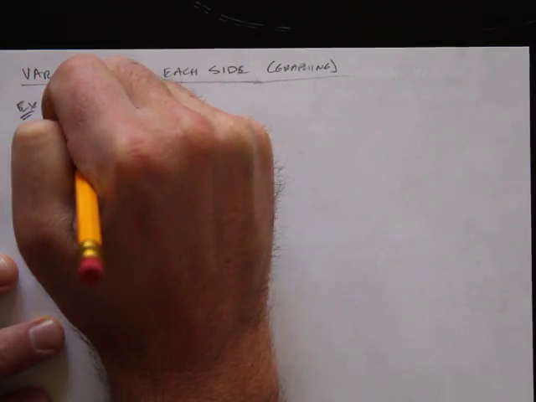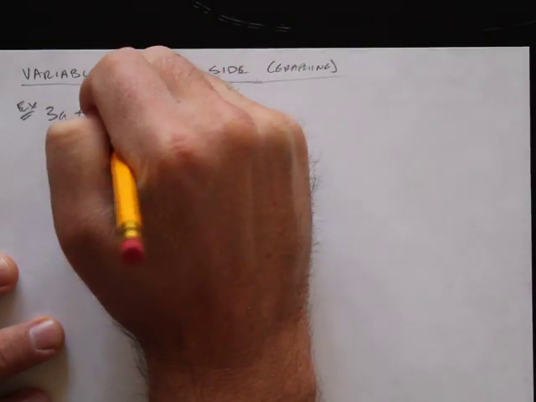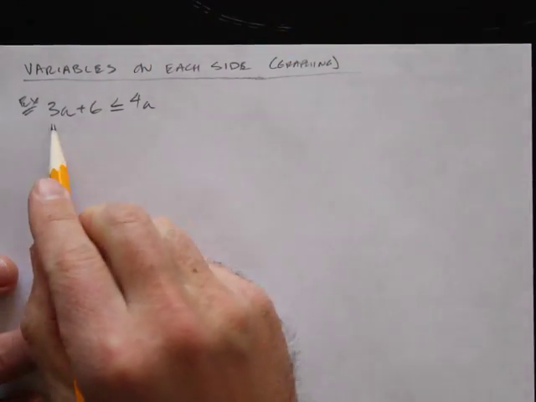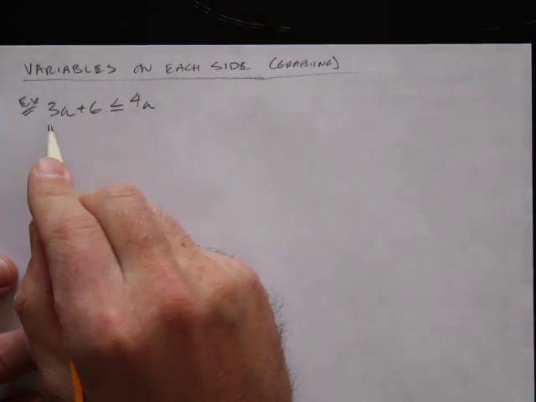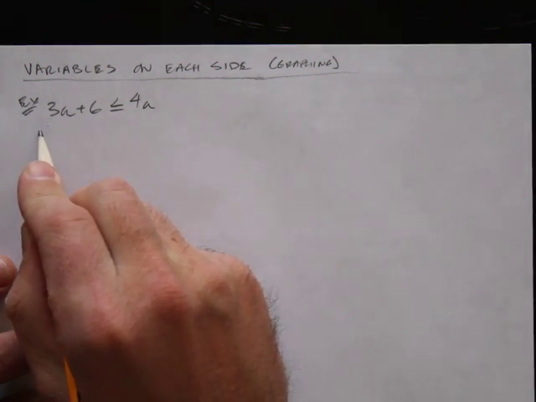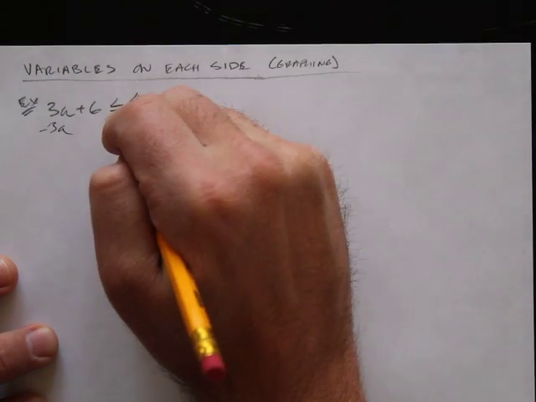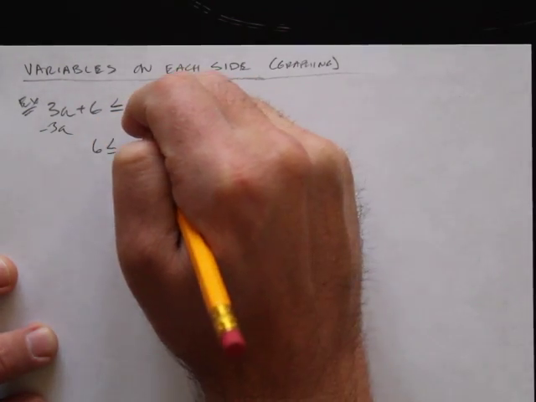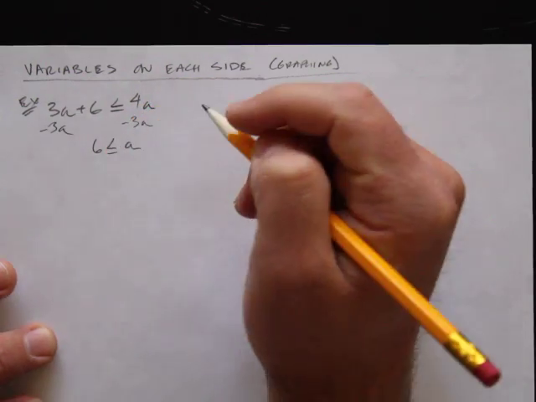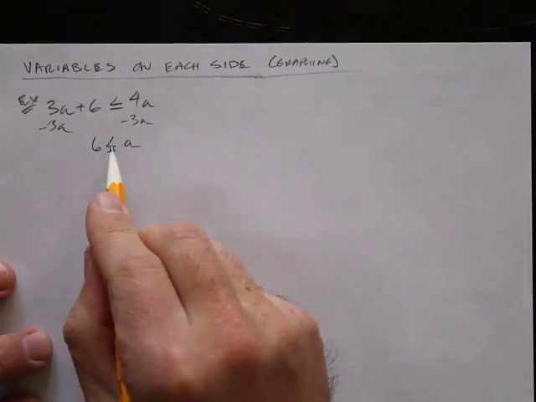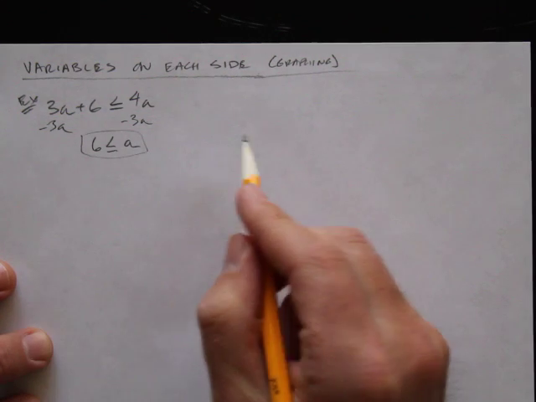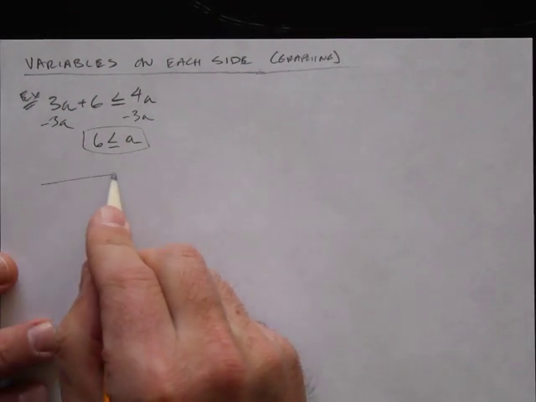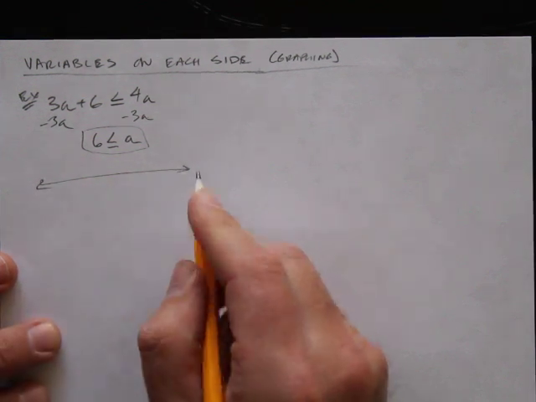I've got 3a plus 6 is less than or equal to 4a. So I'm going to subtract 3a from each side. And so I have 6 is less than or equal to 4a minus 3a, which is 1a. And so I've got 6 is less than or equal to a. There's my answer.